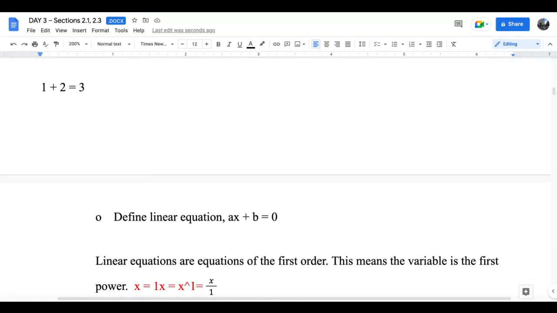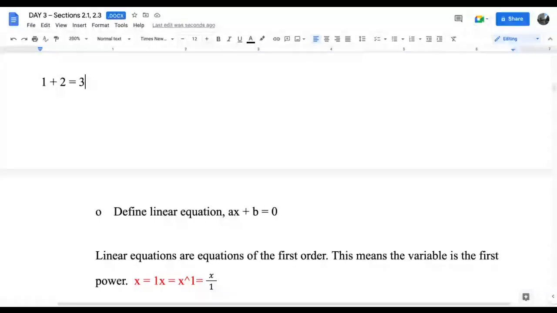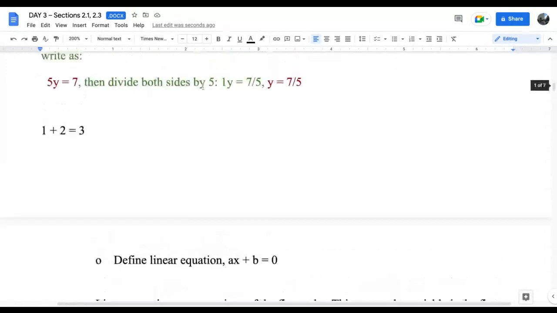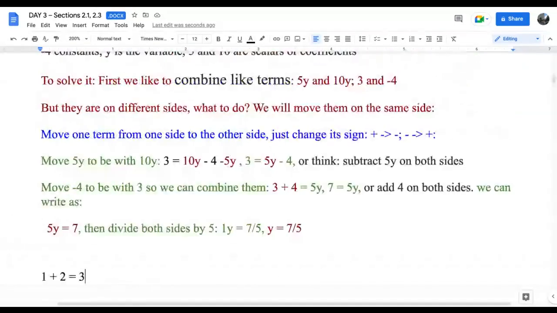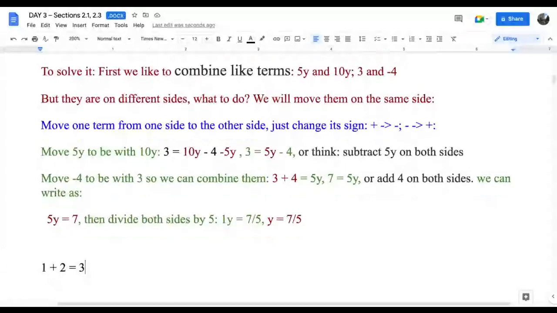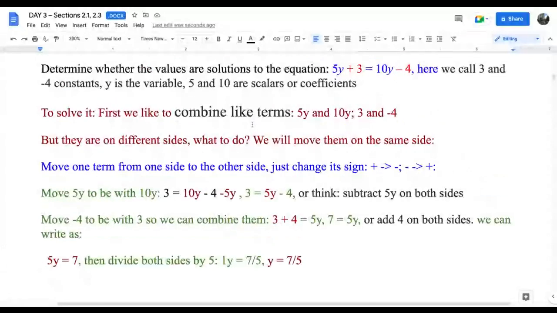Professor? Yeah. I have a question about the last equation. When we're doing it, are we also able to move plus 4 to the other side, and then divide by 5? You mean you want to do the same at the same time?